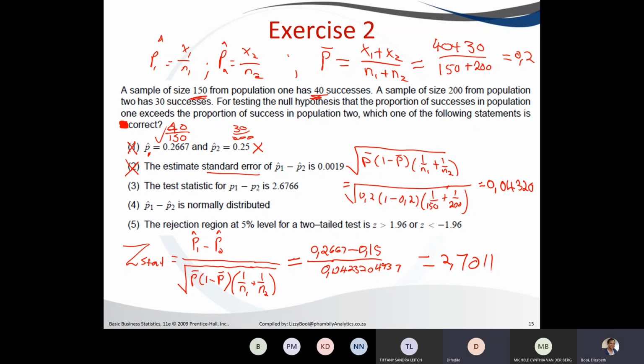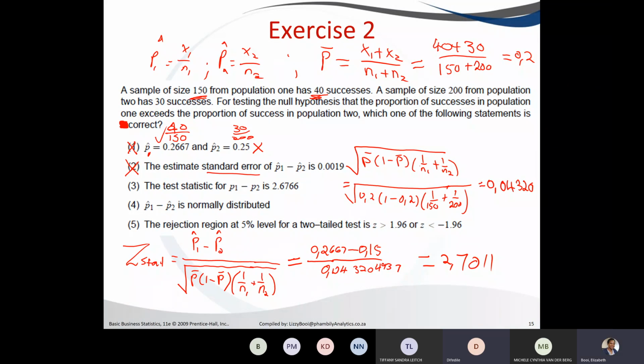The bottom one, I think that's 0.0423. Mine is 0.0432. Let me just check that. I think the 23, mine is 32. I'm not sure if I made a mistake there. Oh, it's 0.043204937. So what I took was 0.0432, only 4 digits instead of the rest of them.